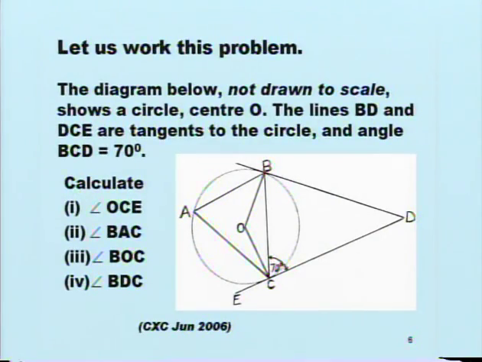Let us work this problem. The diagram below, not drawn to scale, shows a circle, center O. The lines BD and DCE are tangents to the circle, and angle BCD is equal to 70 degrees. 70 degrees is marked on the diagram there, you can see it.